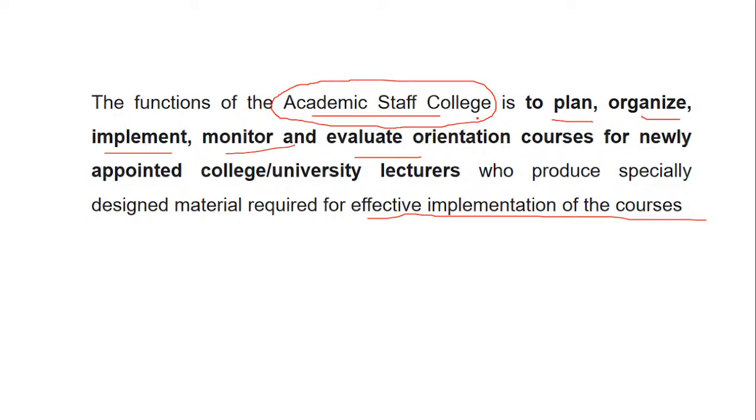Especially for newly appointed lecturers. And what is the reason behind that? To improve the quality as well as for effective implementation. So you should be very careful. The academic staff college emphasizes quality, but for that, what role does it play? This should fit perfectly in your mind. This is the actual role of the academic staff college, and this is what it does.